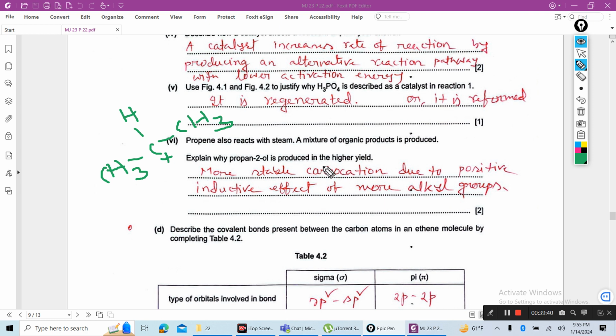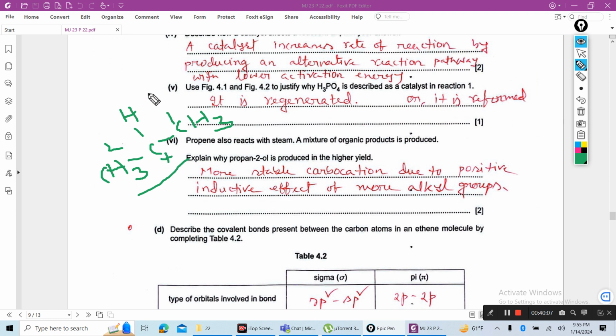Propan-2-ol is formed in the higher yield because the positive carbon is attached to other methyl groups, 1, 2. So this intermediate is more stable due to the positive inductive effect of alkyl groups. Here there are 2 alkyl groups, but the propan-1-ol carbocation has 1 alkyl group.